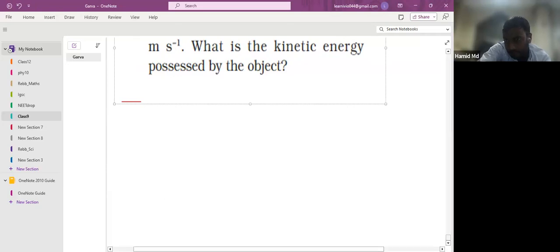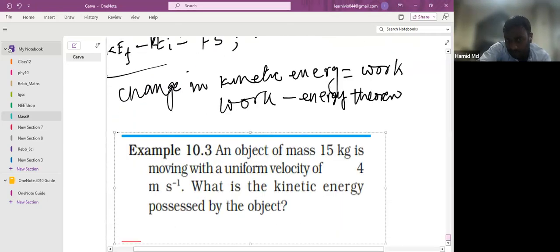Now this question is visible. Solve this question.